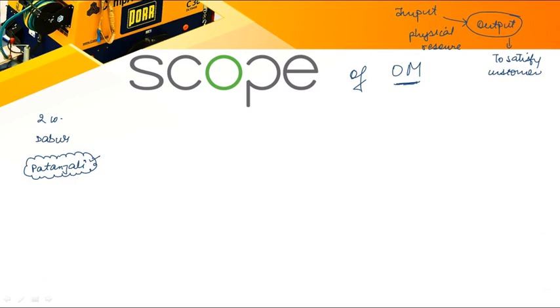Operations management is totally different from other functions like marketing, finance, HR. There are some kinds of activities listed under operations management. Let me tell you what activities are there, or you can say some functions which are performed. Functions listed under production and operations management.